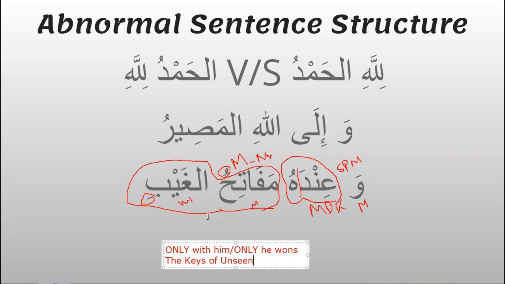Okay, so Allah is saying here, because now you know, this is muta'alliq bil khabar muqaddam. That's why the "only" part is here. Only. So Allah is saying only with him are the keys of the unseen. Only with him.